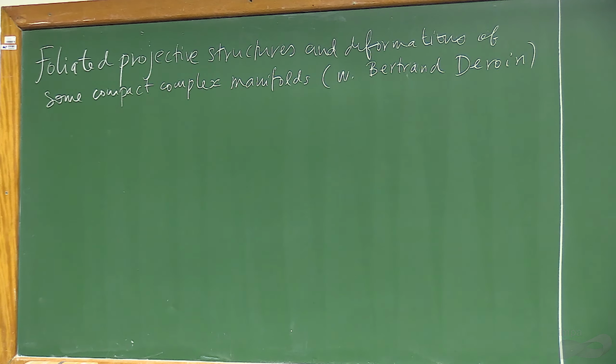This group acts by Möbius transformations with real coefficients, preserving the projective structure on the upper half plane, and you inherit a projective structure on your quotient.